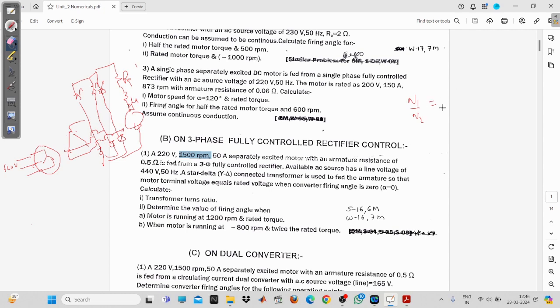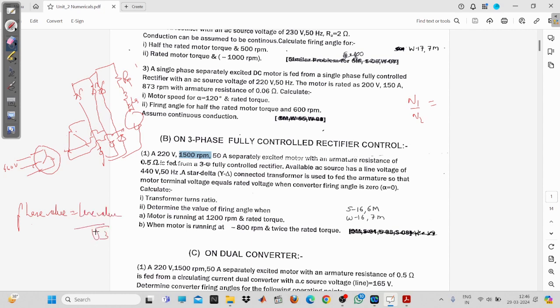So this one V1 upon V2 should be there, but you have a three phase, so you will have to go for the phase values, but the line value is given. The line value is only given for the source side, not for the load side. So the source side will be a star connection, and you know that in a star connection, phase value will be equal to line value upon root 3.